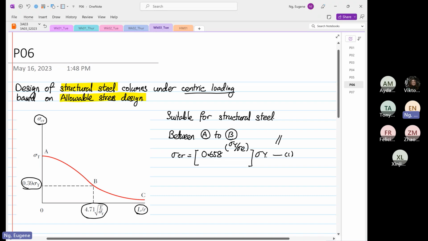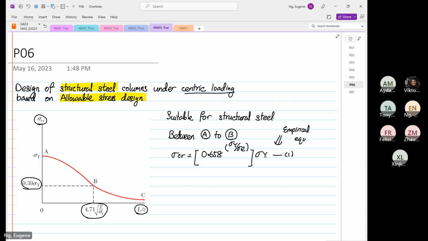This equation number 1 is an empirical equation, i.e. someone did a lot of experimental work to get this, especially to get this coefficient.